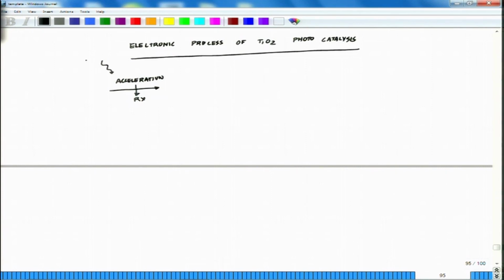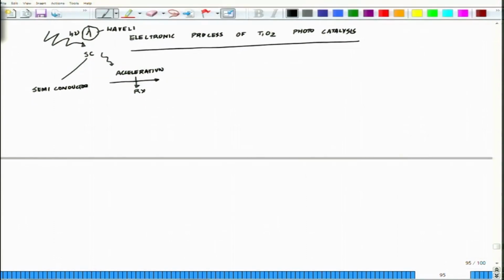So, basically there is a semiconductor, and this semiconductor is interacting with light of a specific or multiple wavelengths.